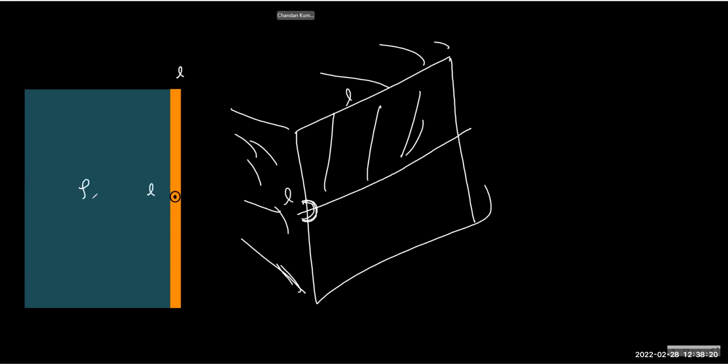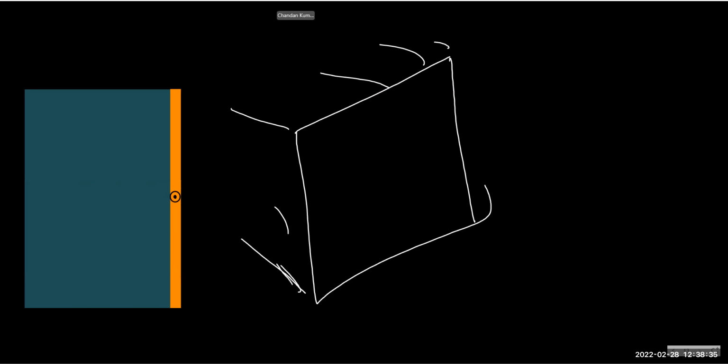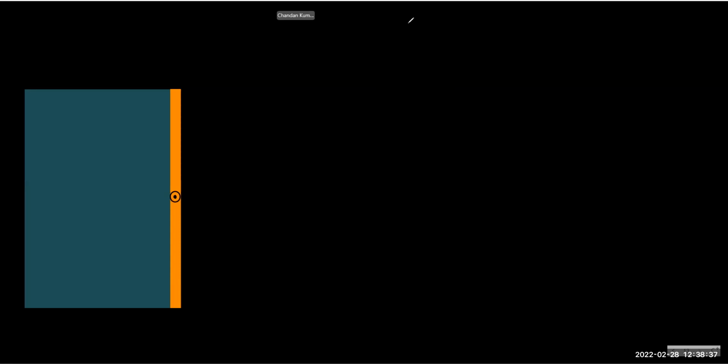The density of the liquid is rho. And the left side is liquid. So what you're looking at is the side view. So you're looking from this side. I hope you can understand this. The density of liquid is rho.